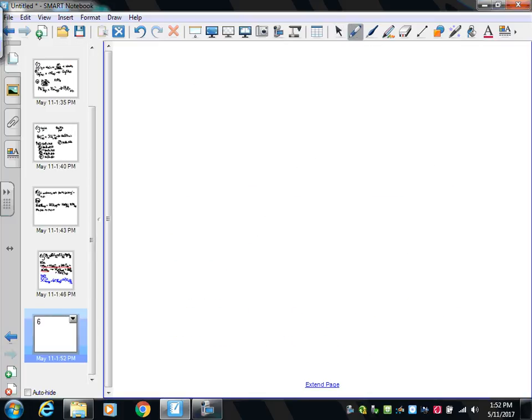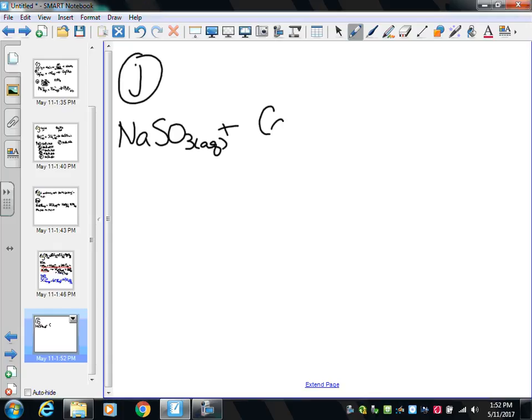So we're gonna look at J. With my J, I have Na sulfite plus calcium bromide. Just gonna be my swaps with sodium bromide. It's gonna then be with calcium sulfite.